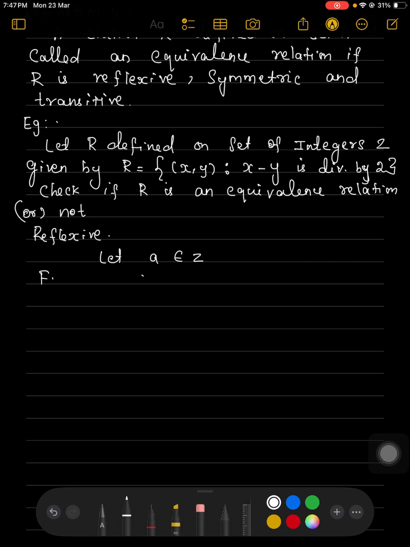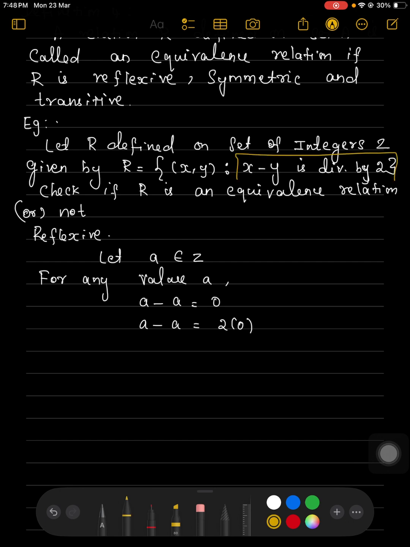For any value a, do you agree that a minus a is equal to 0? And I am writing it as a minus a equals 2 times 0. If you are able to write 2 times an integer, it means it is divisible by 2. So I got it. Look, what is the relation?